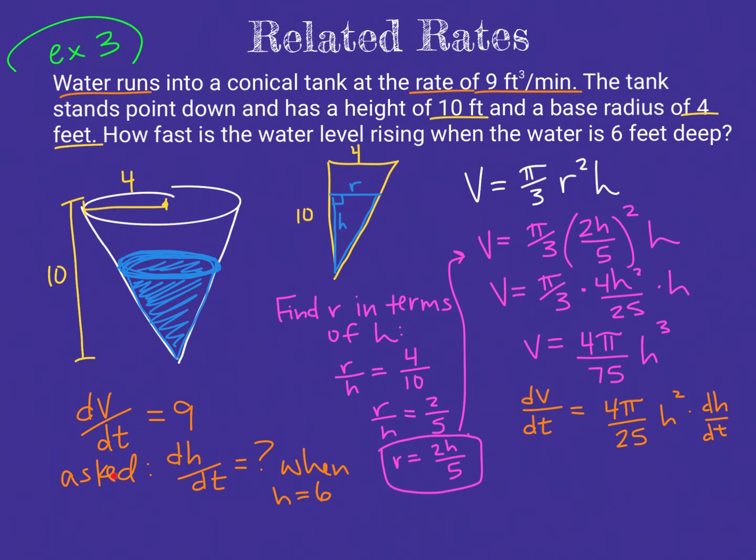And we are looking for dh/dt, and we know h is 6. So we don't have anything left over in terms of a variable to plug in. So dV/dt will be 9. We'll plug in 6 for h, so we'll get 36 here. And then we're looking for dh/dt.